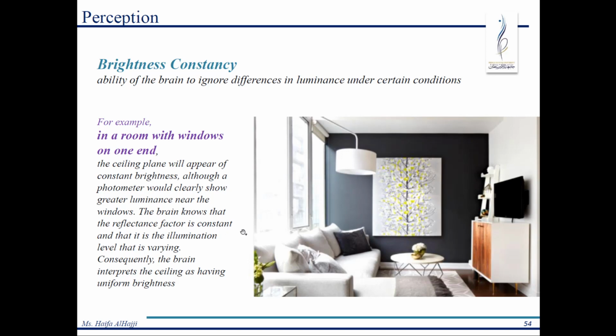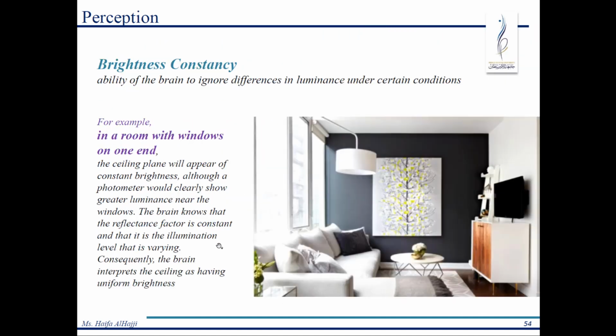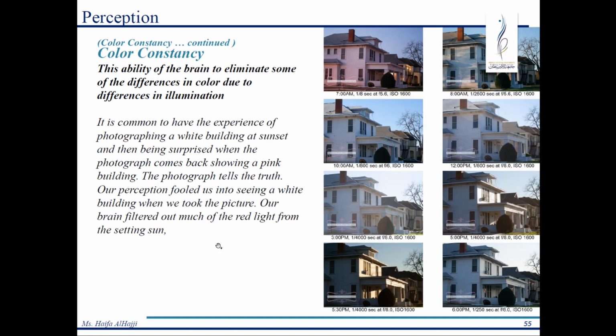The same thing applies for colors. For example, in this image, let's ignore the other image. If you look at this image alone, if you're actually in that area and you look at it, you're going to see the wall as pink. You're not going to see the pink hue in the image.